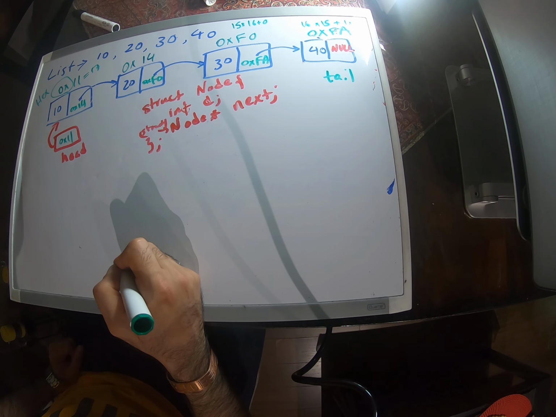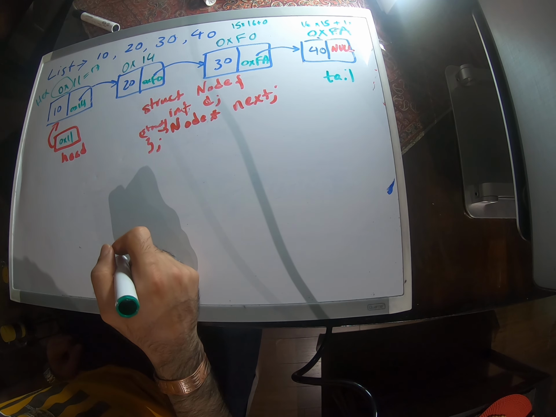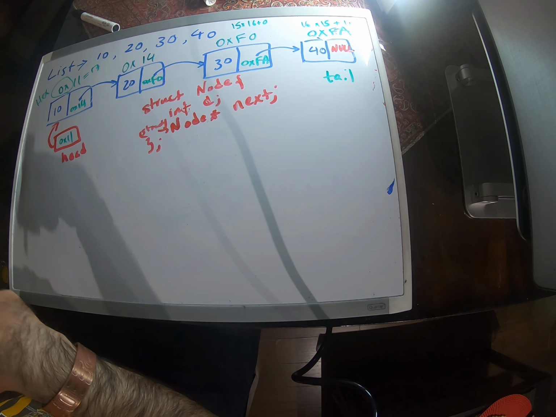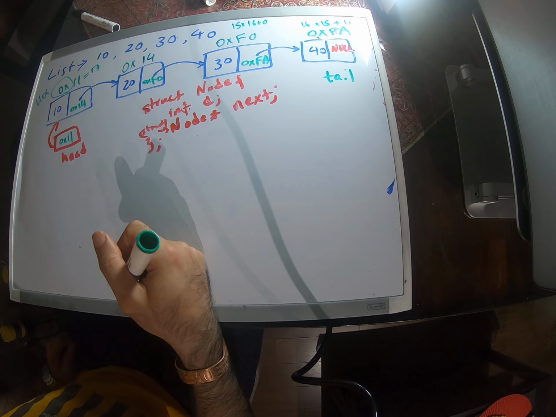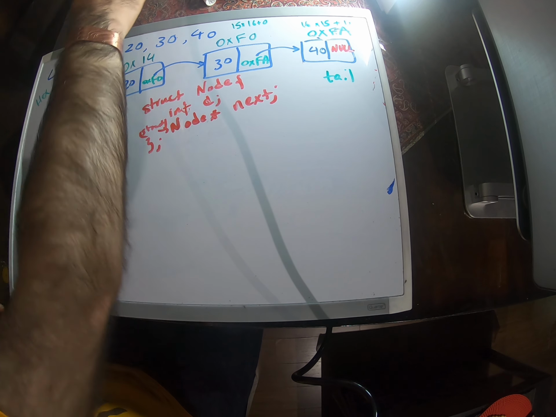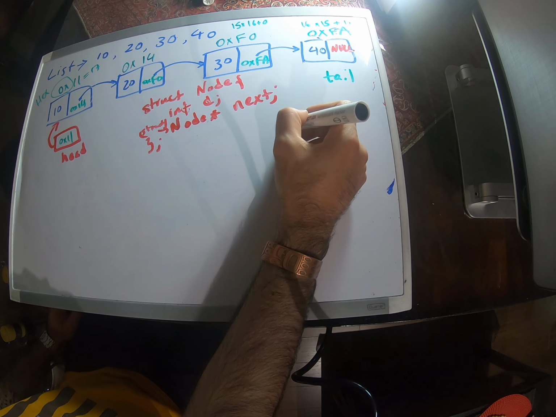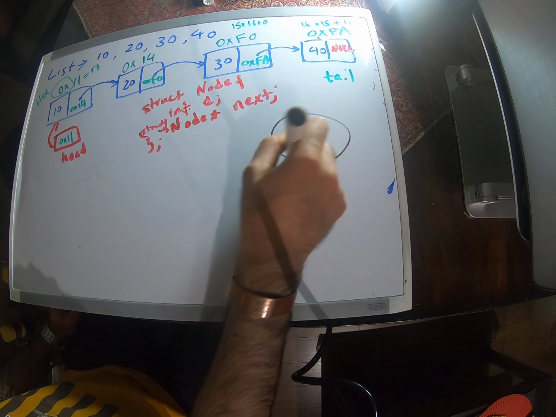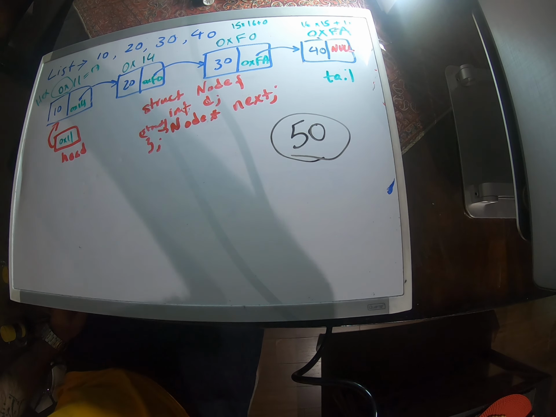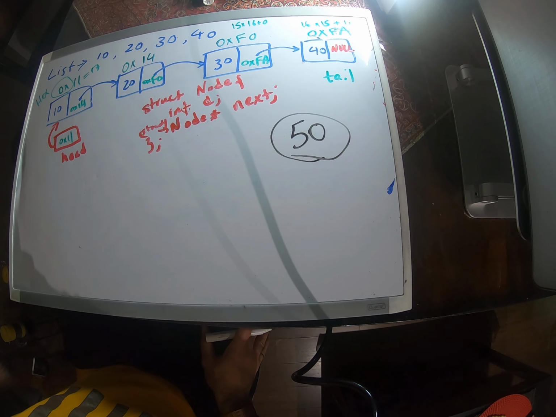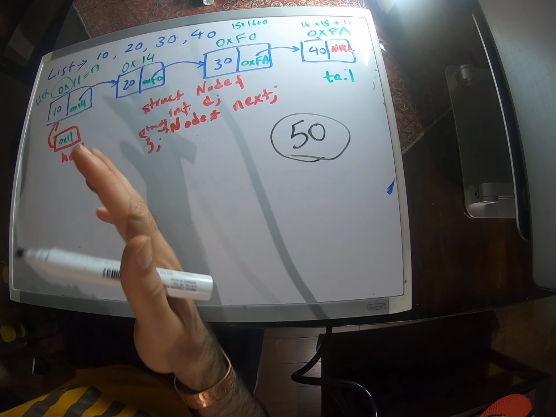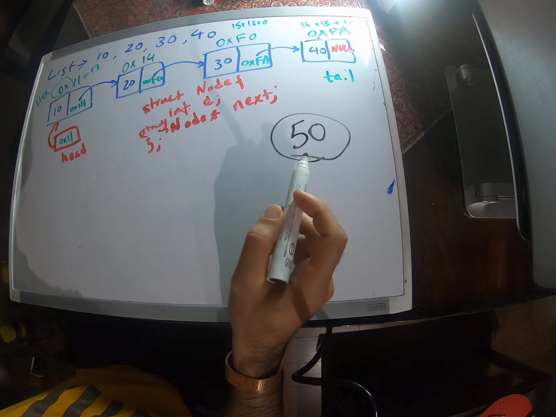So first of all, let's say that we want to push another number here. So we want to push number, let's say 50 here. And you guys think about this and tell me, or think about it. I can't hear you, but think about it.